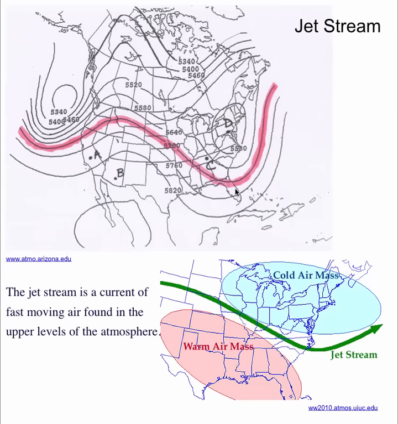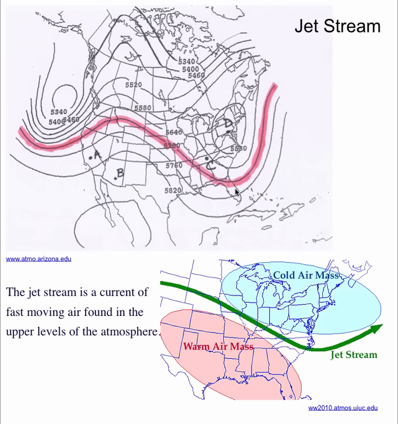So that leads us to better understanding the jet stream, where we have highs and lows, or ridges and troughs, and actually seeing how these isobars are flowing helps us to get a good idea of how winds are moving, particularly higher up in the atmosphere.